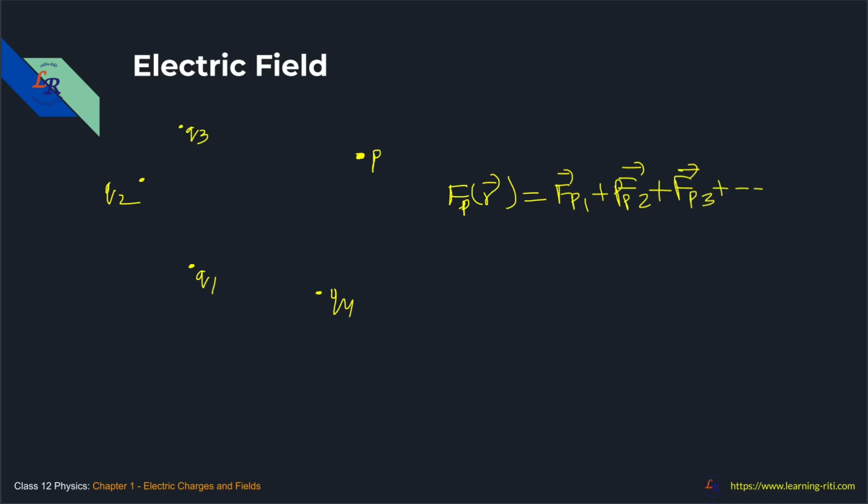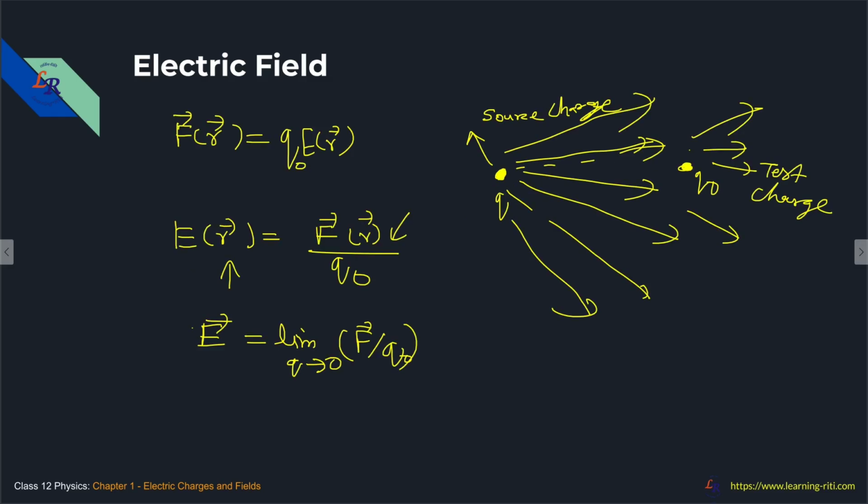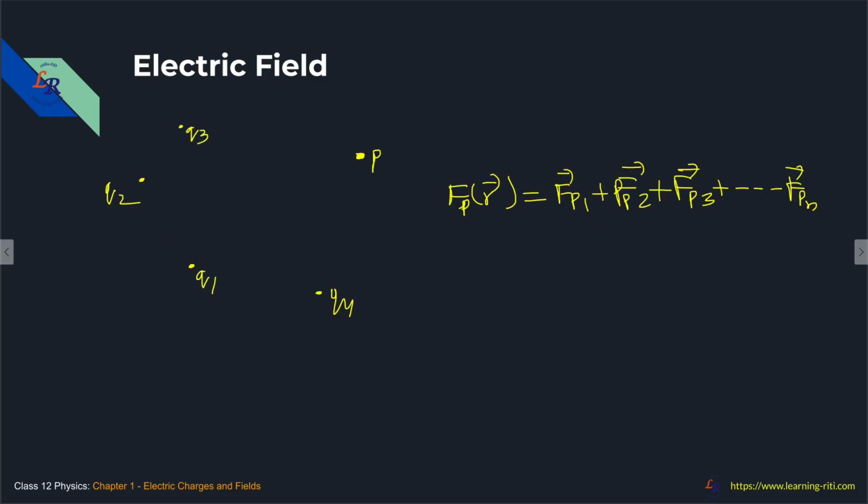So this is all we have seen: the superposition principle of forces and how we estimated the force due to n charges. Similarly, just as we defined in our previous discussion, we divide by the test charge, which makes it independent of that, and we get our electric field. So similarly we can say that the electric field at point P, we just divide by the test charge.